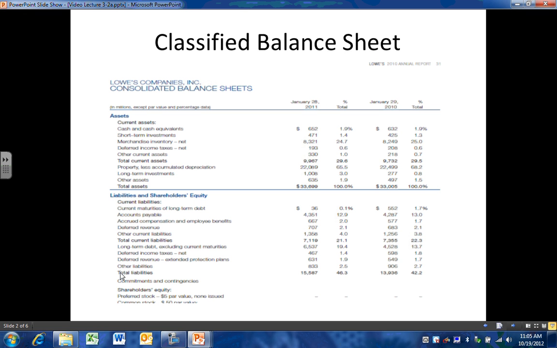And Lowe's, unlike many companies, provides an element for the total liabilities. Most companies do not do this, but again, as we saw, users will perform the debt to equity ratio. This allows a very easy comparison.